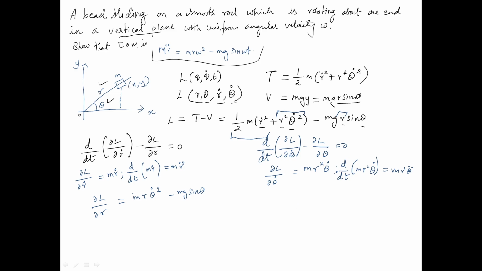Since we have another condition given, the uniform angular velocity, we will deal with that after solving this coordinate. So d by dt of dou L by dou r dot gives m r double dot, and we have a minus sign in this equation, so minus m r theta dot square, and minus becomes plus, mg sin theta, equal to 0.